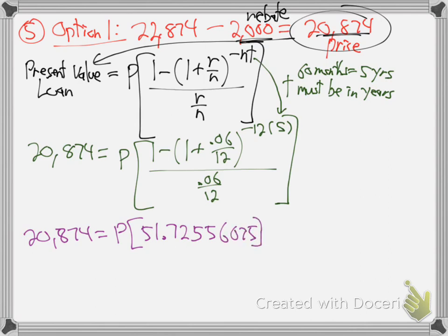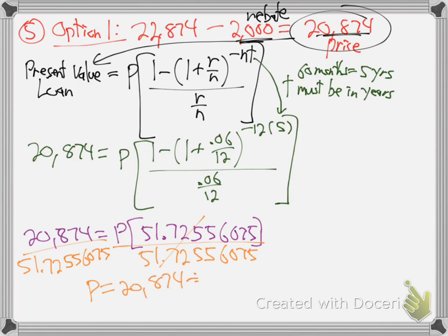Then you got to finish solving for P, divide by that on both sides. And so the P comes out to be, you can just use the answer button if you have one on your calculator. Take 20,874 divided by the answer from the last thing. And I'm getting 403.55.